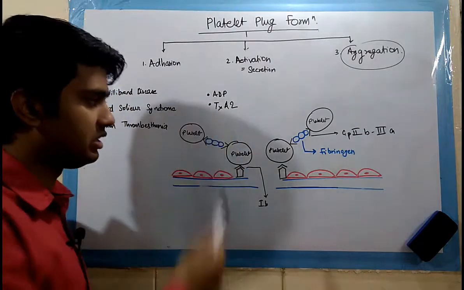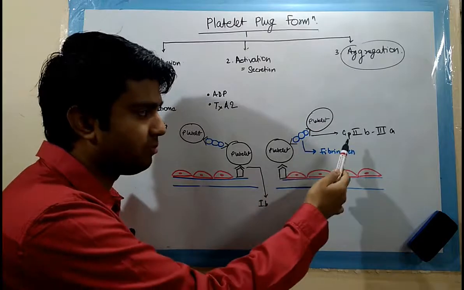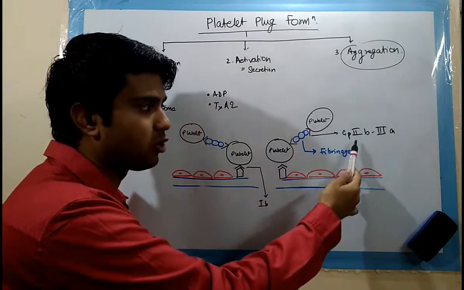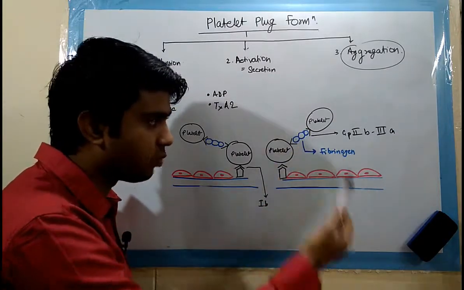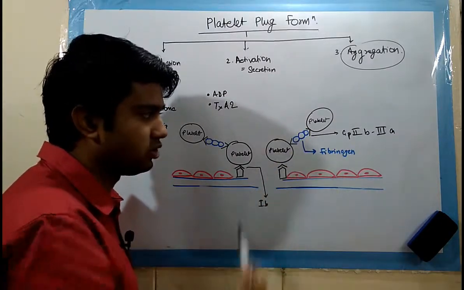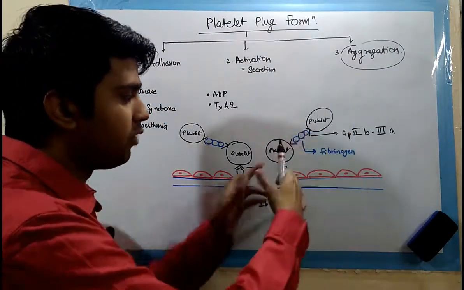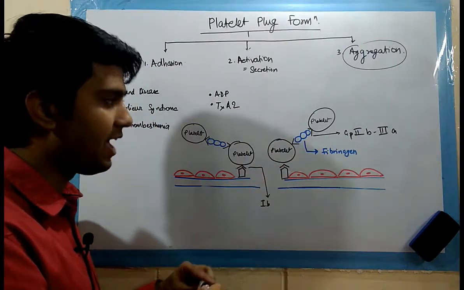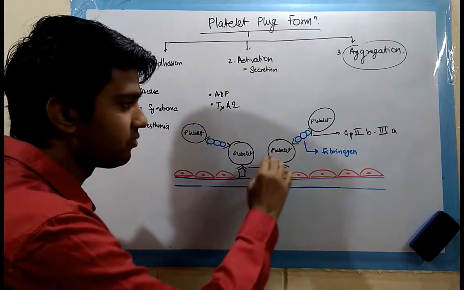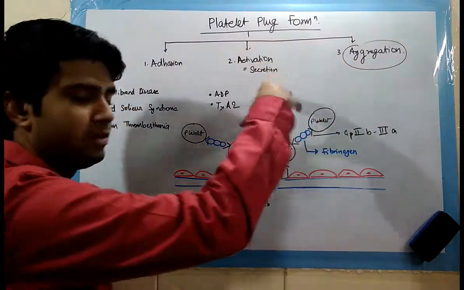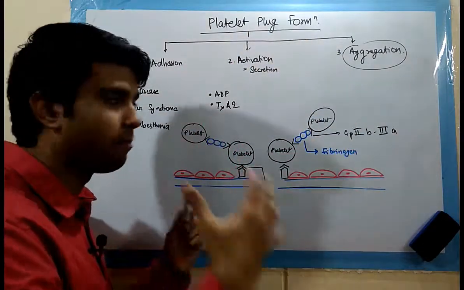Now what these chemicals do is they modify certain receptors on platelets which are called glycoprotein 2b3a receptors, and these receptors, once modified, bind to fibrinogen, as you can see, and therefore these receptors help one platelet to join another platelet. And therefore the platelets which are already bound to the von Willebrand factor attract more and more platelets above them, and therefore this platelet plug grows and forms a proper platelet plug.